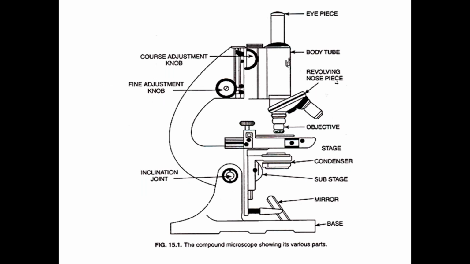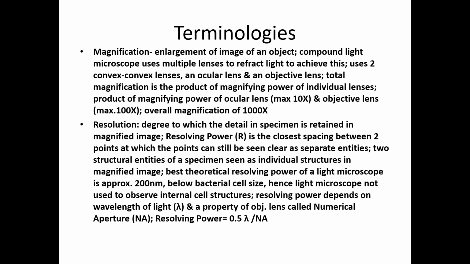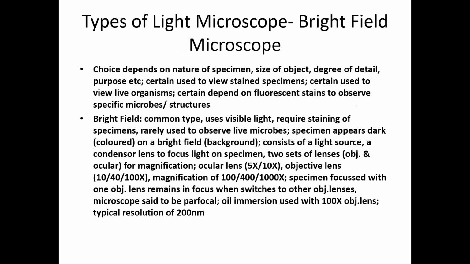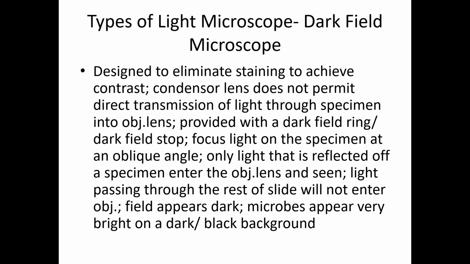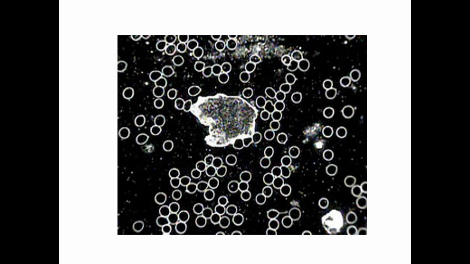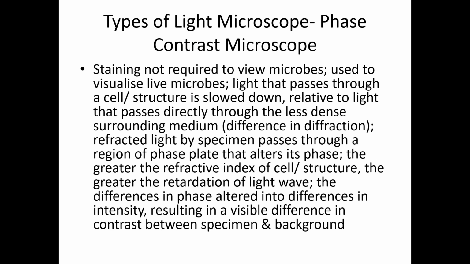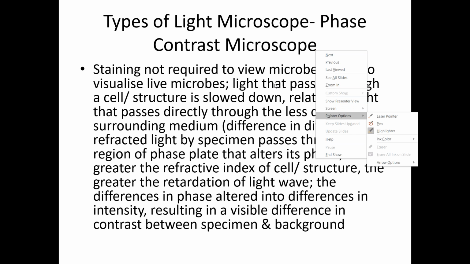Then the different parts of a microscope, then various terminologies again. Then we started with light microscope. We completed the bright field microscope, dark field microscope, then fluorescent microscope. So today we are going to take the fourth topic.